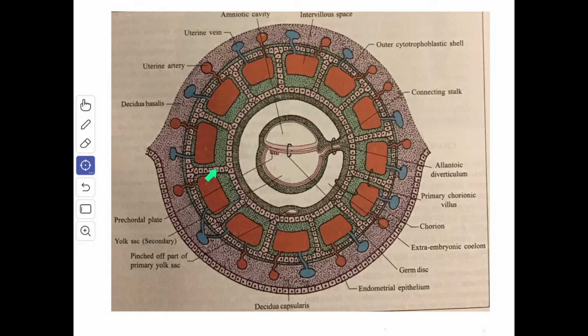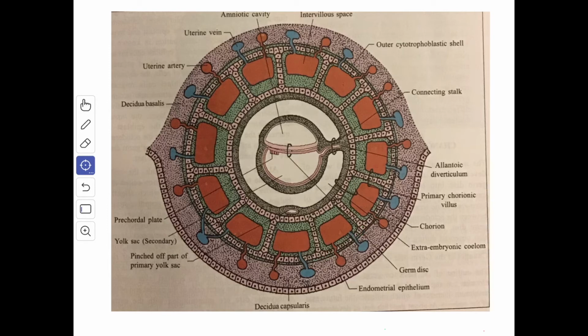Later, the cells of the cytotrophoblast penetrate the syncytium from the tips of the stem villi and spread within the syncytial layer to establish contact with the similar extension from the adjacent villi. Thus, an outer layer of cytotrophoblast shell is formed around the entire blastocyst. So this is the outer shell of the cytotrophoblast.